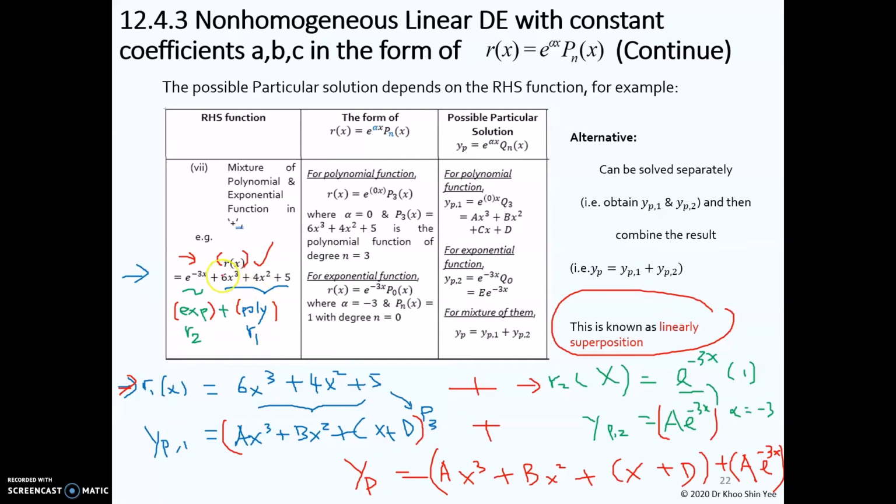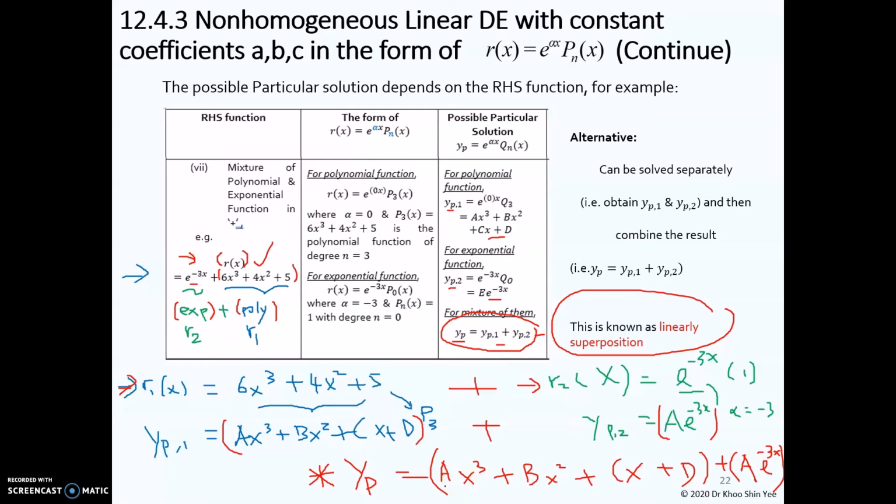From the polynomial function here, your Yp solution is given in this, and for the exponential function here, you obtain another Yp solution. So the total Yp solution will be equal to Yp1 plus Yp2. So this is what we can propose: the particular solution equal to the Yp1 plus the Yp2 here.